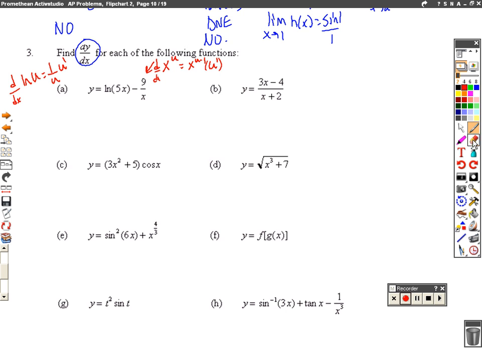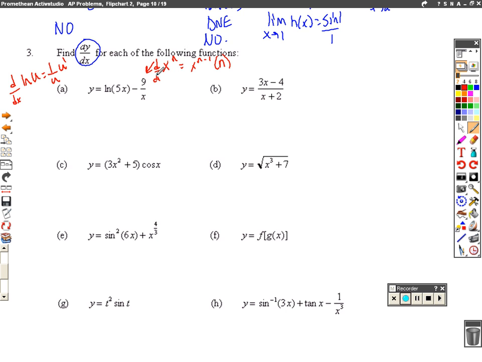Actually, I'm sorry, that was totally wrong. I want to do x to the n in this case. Derivative of x to some number is x to the n minus 1 times n. We drop the n down and we decrease the power by 1.